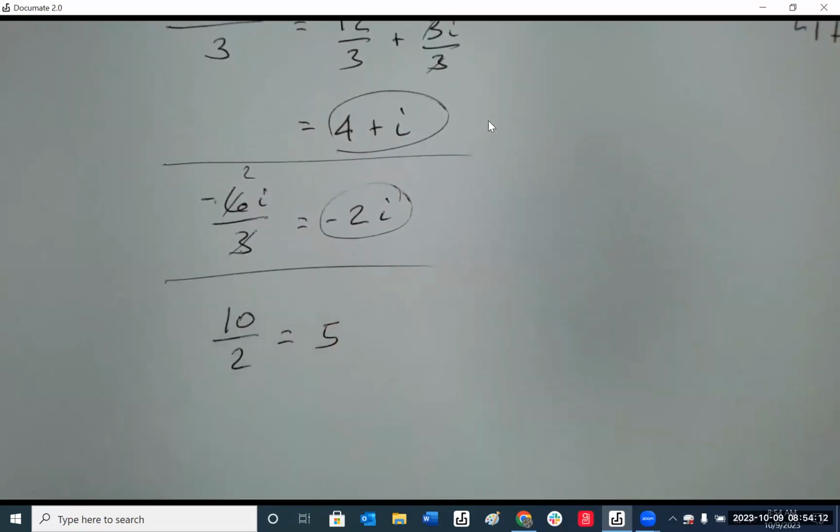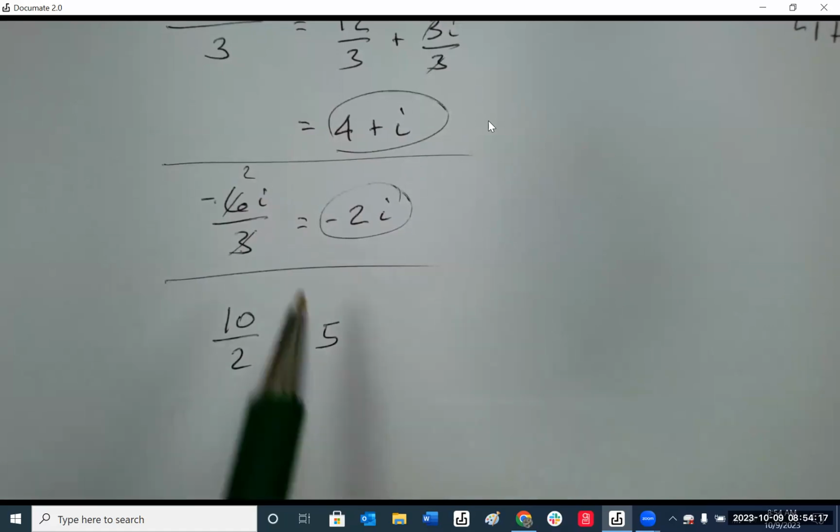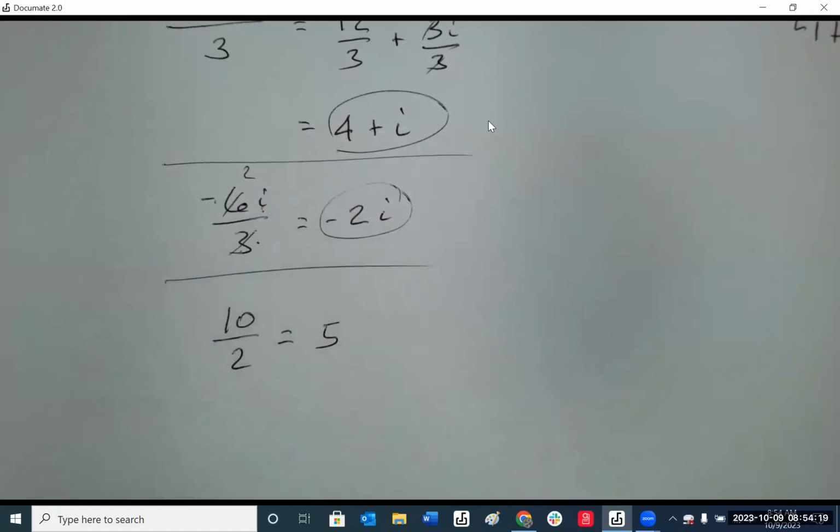There's no i there. You can't put an i there if it doesn't exist. There's an i there, so it has to carry over. This is the stuff we've been doing all along. 10 divided by 2. That's what we did before we started this stuff.